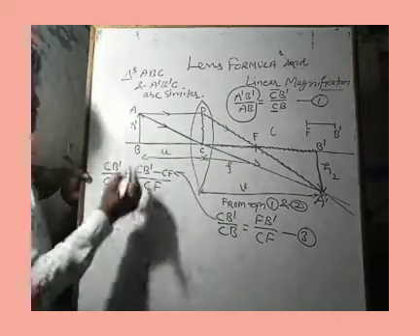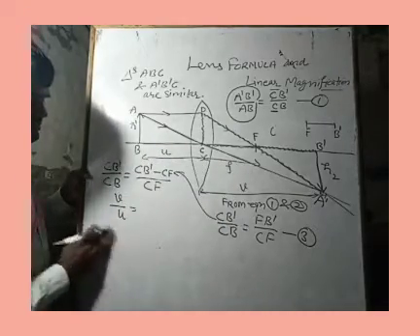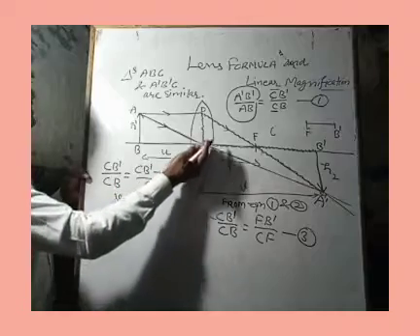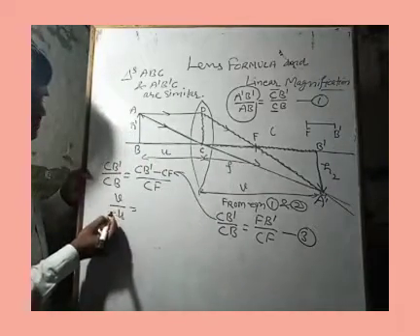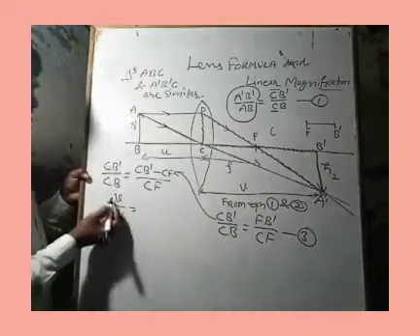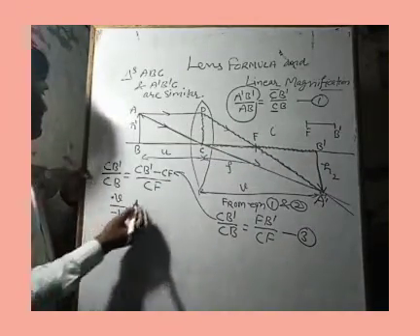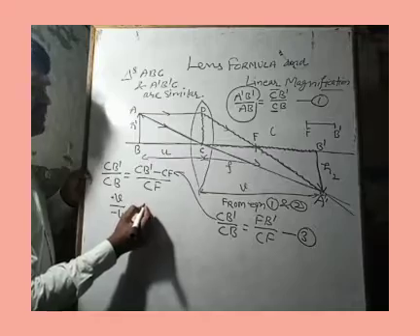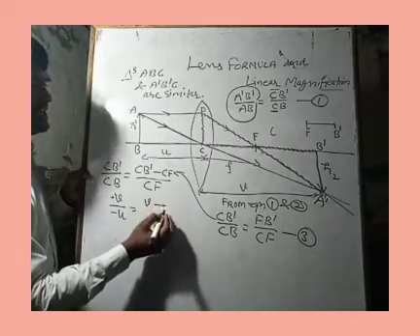Now putting in all the values, CB dash was equal to V, and CB was equal to U. By sign convention, since it is to the left, U will be negative here. V was to the right, hence it is taken as positive here. Similarly, CB dash is once again V minus CF.